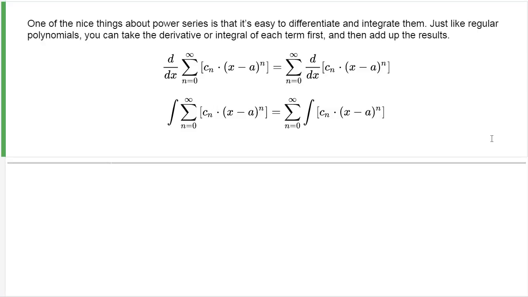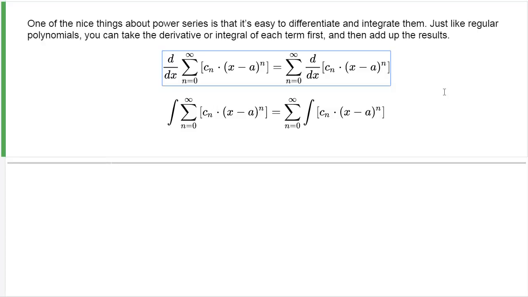So just like a regular polynomial, if you take the derivative of one of these power series, you can take the derivative of each term individually and then add them up. That's just the sum rule. If this is a finite sum, a sum rule for derivatives, but this is an infinite sum, and it still works.